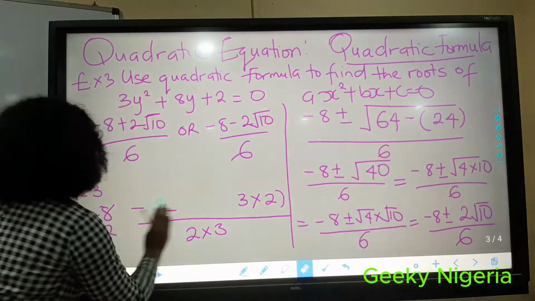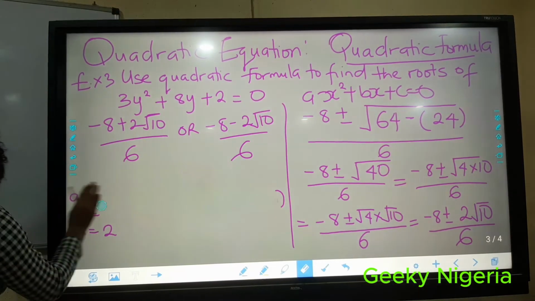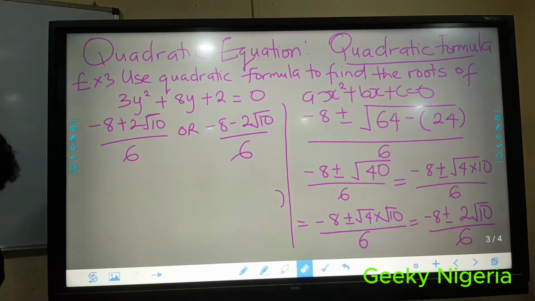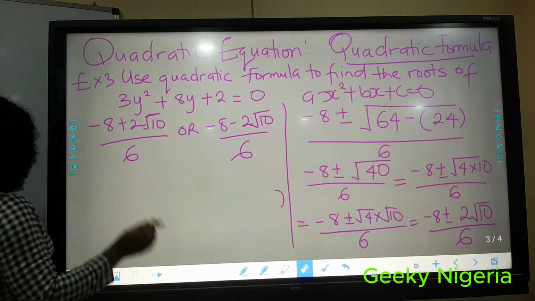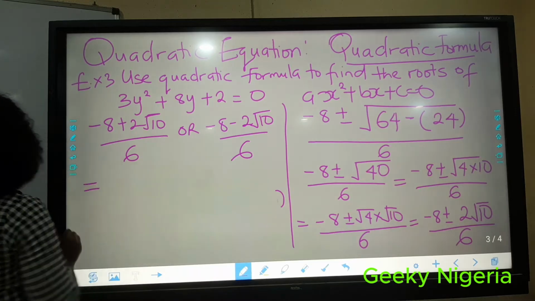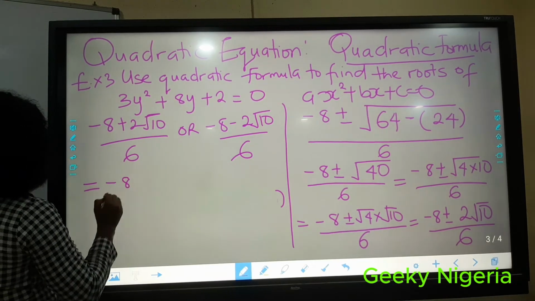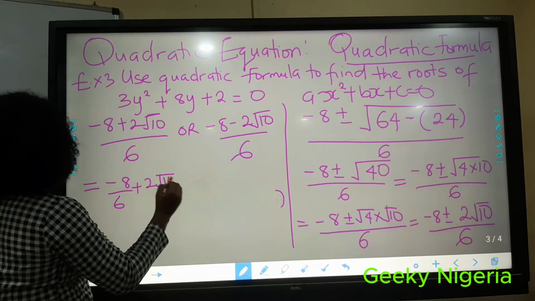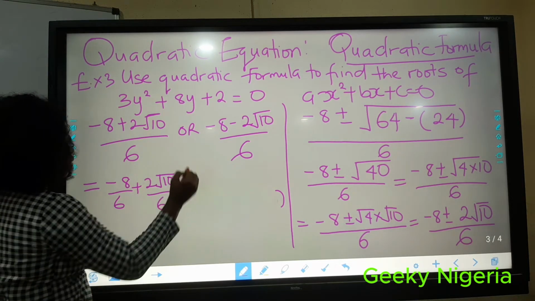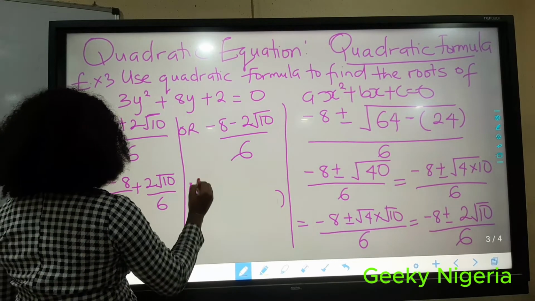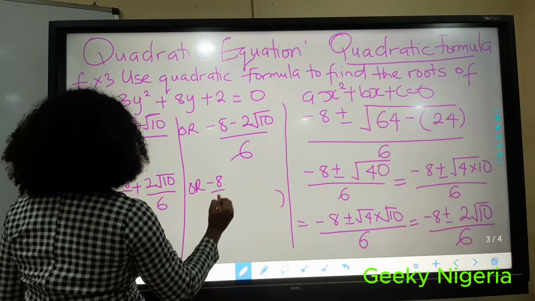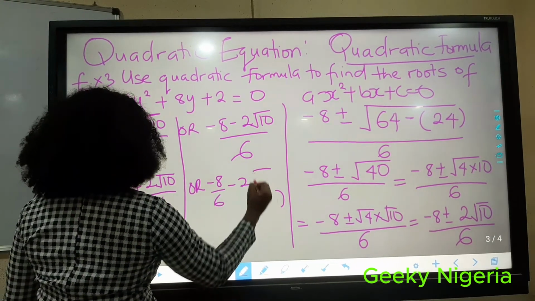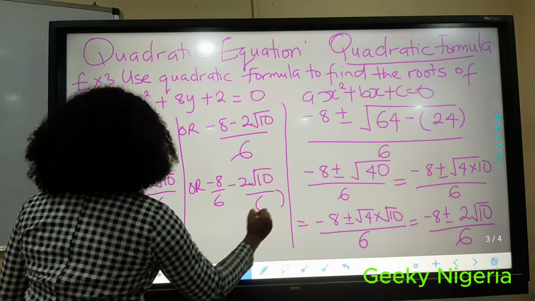And can we go further? Yes, we can try to reduce it further. You just try to simplify as much as possible, which is equal to minus 8 all over 6 plus 2 root 10 all over 6. This one is the or: minus 8 all over 6 minus 2 root 10 all over 6.